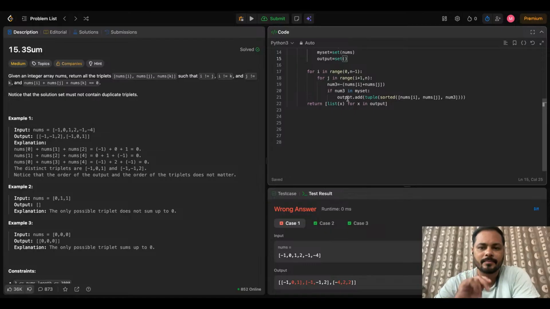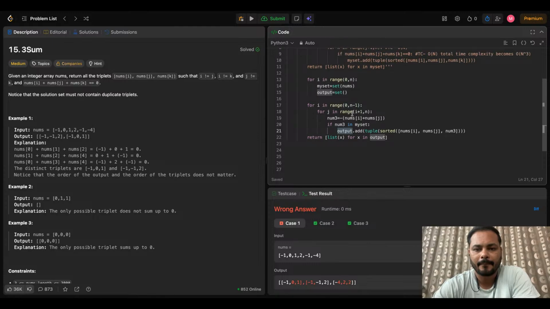Why? Because in the end I'll be adding all the tuples to this output, and I'll convert these tuples to a list again so as to get the output. So that was the idea.